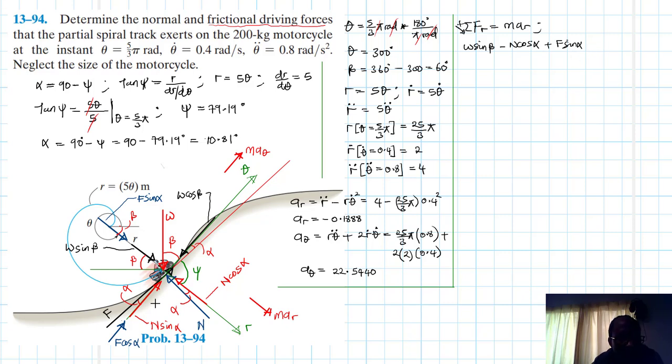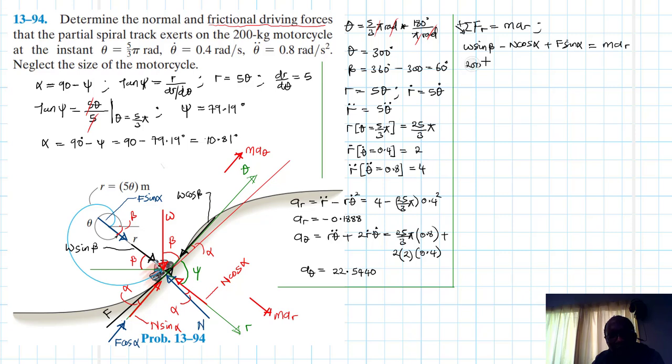Where is my F? There it is. Okay, so these are both positive and this one is negative, so this is equal to m a r.